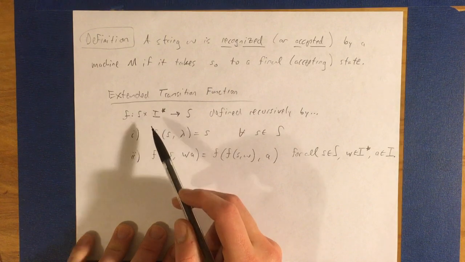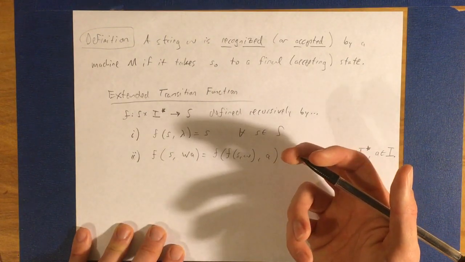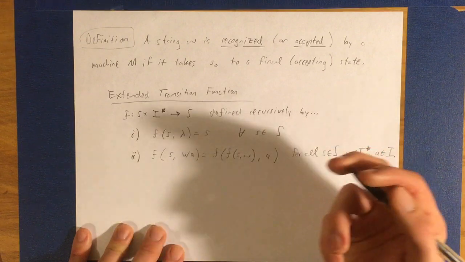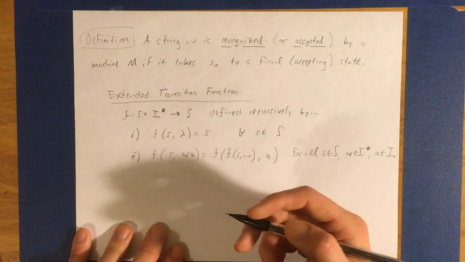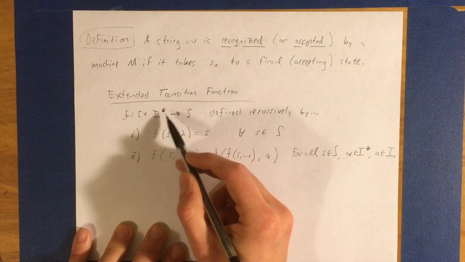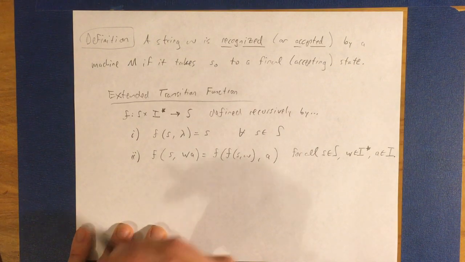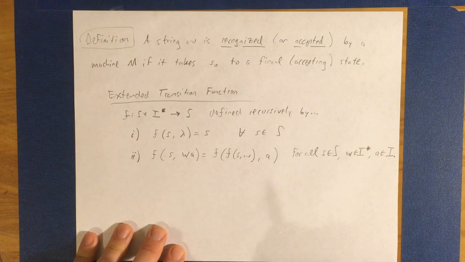Remember that I is the input alphabet. So the elements of I are just characters, but if we want to talk about strings over that alphabet, then we want to talk about I star. I star is the set of all strings. So now we're considering our second input to be an entire string, not just a single character.